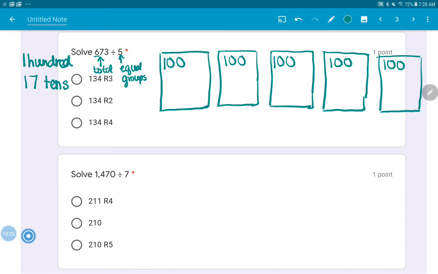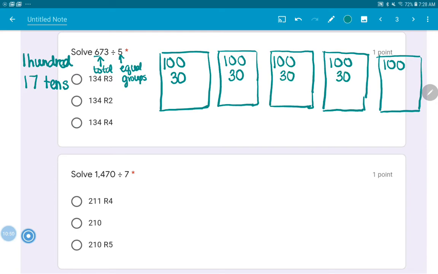So I can give 30 to each group because I know that 3 times 5 equals 15. So remember, I've already given 100. So there's 130. Sorry, not 100. 530. 560.